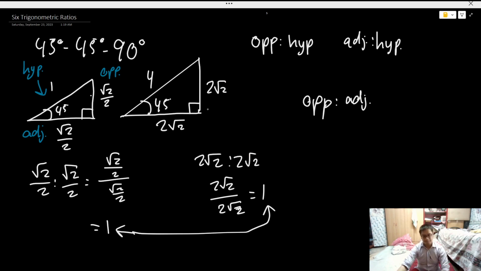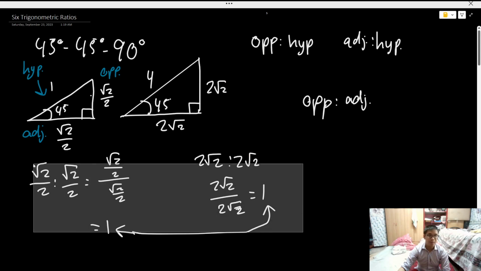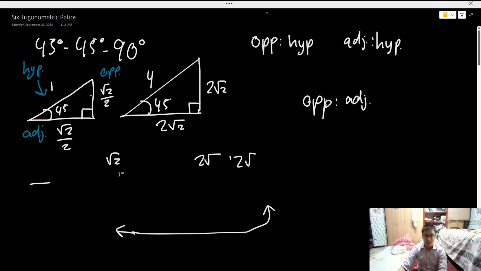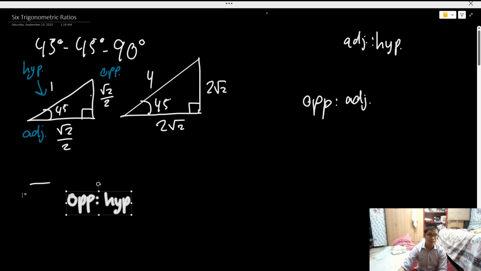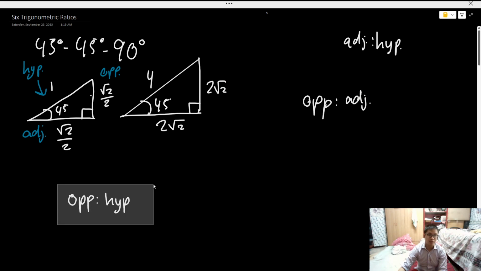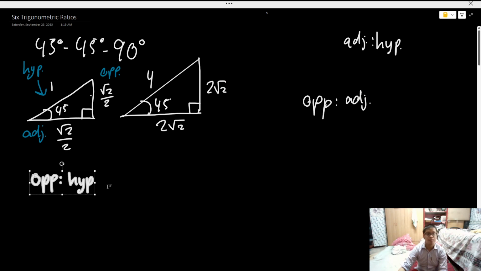So now, there's actually another way. Instead of just doing this ratio thing, there's actually another way, and that would be the application of trigonometric function. So we have opposite to hypotenuse, right? And you want to get the common ratio of the two.